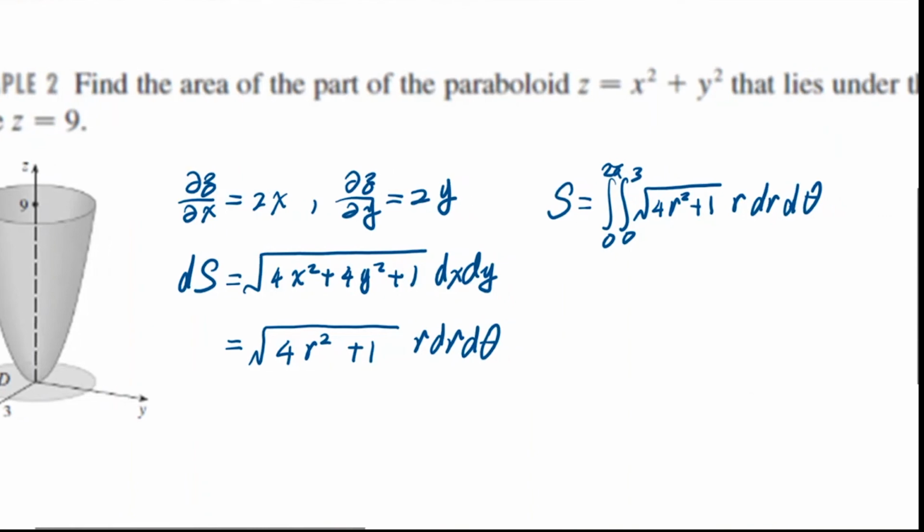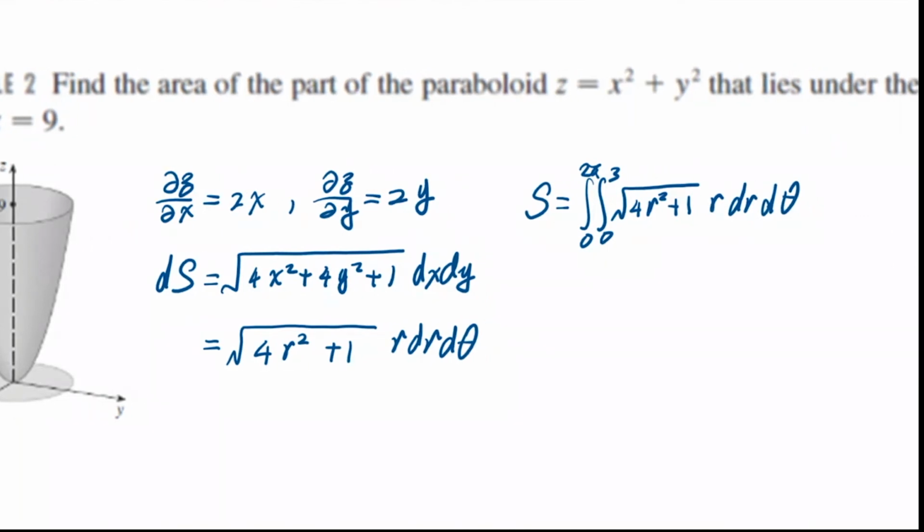Okay, so this is a nice u-substitution. Do you want to do it in your head, or do you want to actually make a u-substitution? Your choice. Should we just integrate, or do you want to substitute u equals 4r squared plus 1?